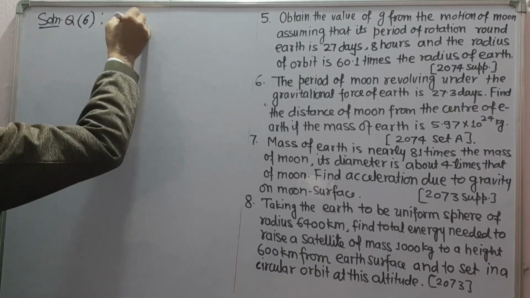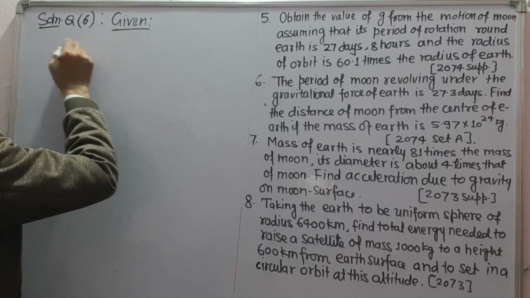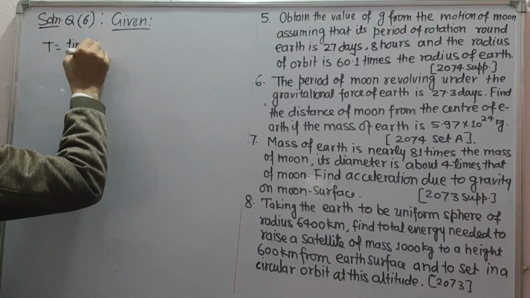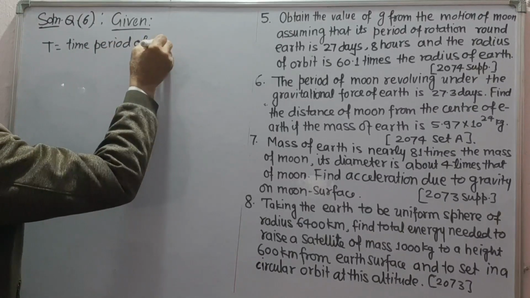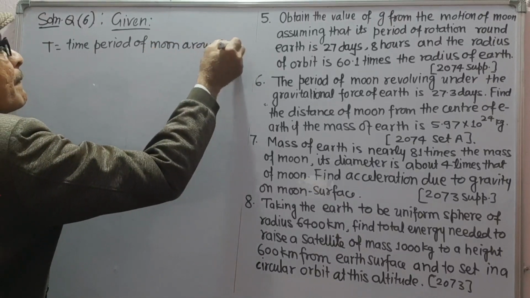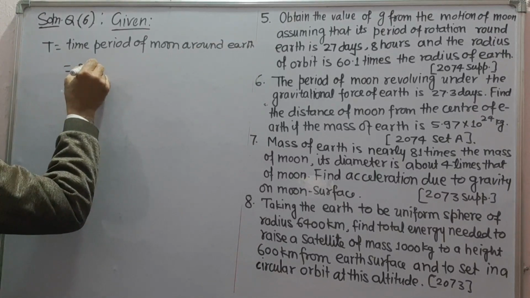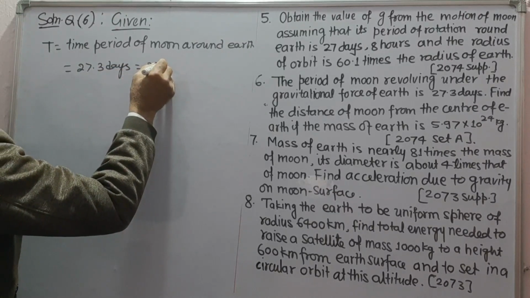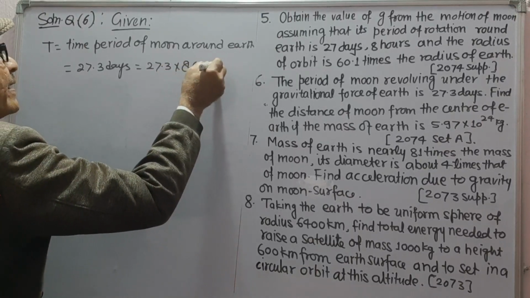Now, solution to question 6. Here given, time period of moon around earth (27.3 days), which will be equal to 27.3 into 86,400 second.